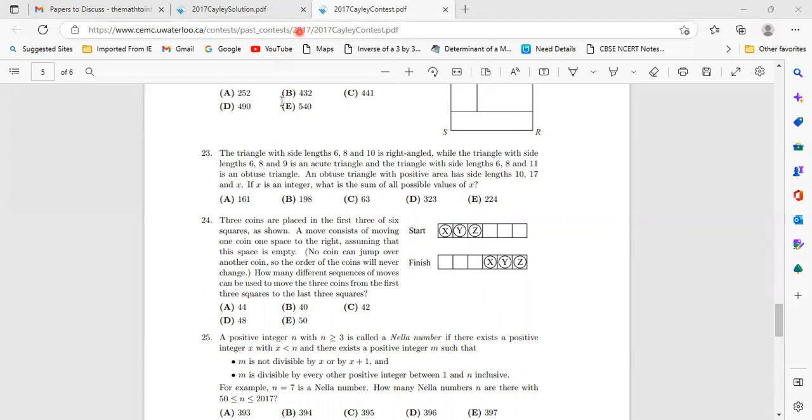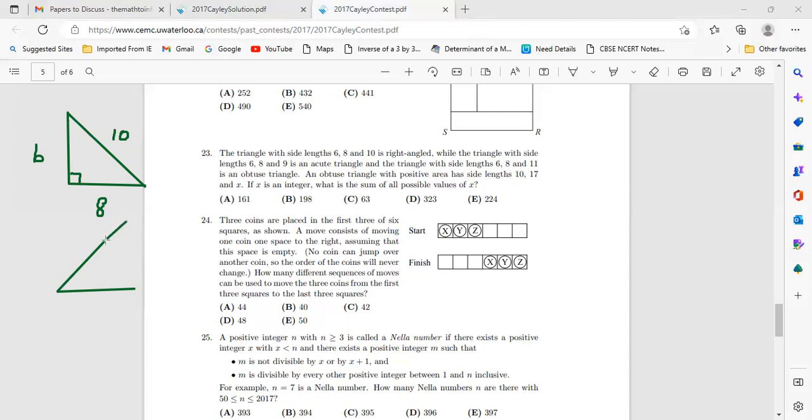Let me draw this and check. So they're saying that it is right angled at 6, 8, 10. Maybe this is the lengthiest one, so this will be a 10. So you might have the triangle like that, 6, 8, 10. And the triangle with side lengths 6, 8, 9 is an acute triangle.